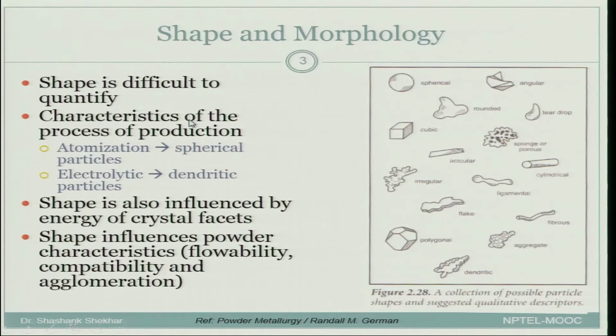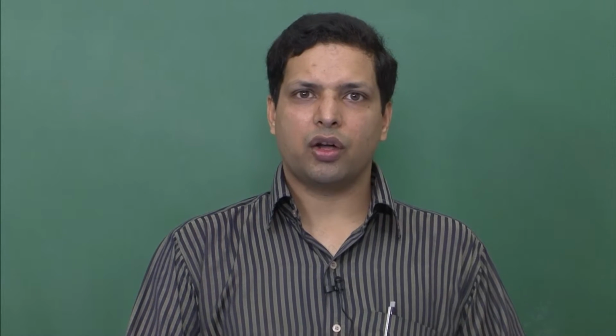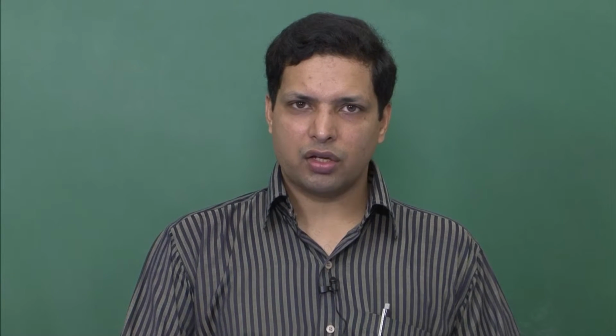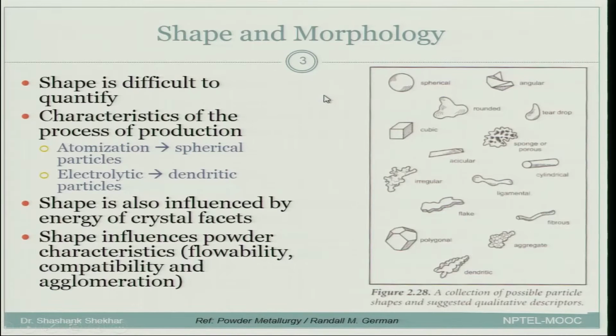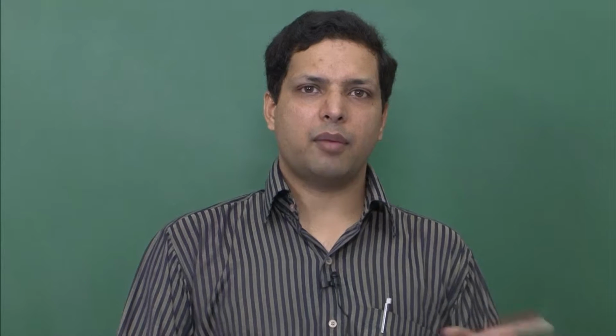So it is difficult to quantify, whether you are talking about quantifying the volume, surface area, or anything. So on an individual particle basis you cannot quantify, and not only that, there may be even variation in one set of powder. So for example, on a general note, all the particles may still be spherical, because it will depend on what particular process you obtain the powder particles from. But even in the spherical range, you would see that diameter varies.